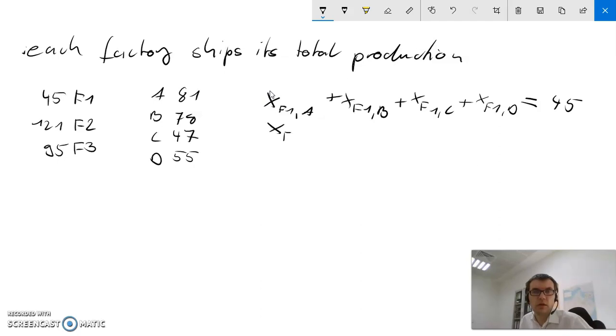For F2 we follow a similar pattern. In F2 we produce 121 cases. So we need to be very careful.